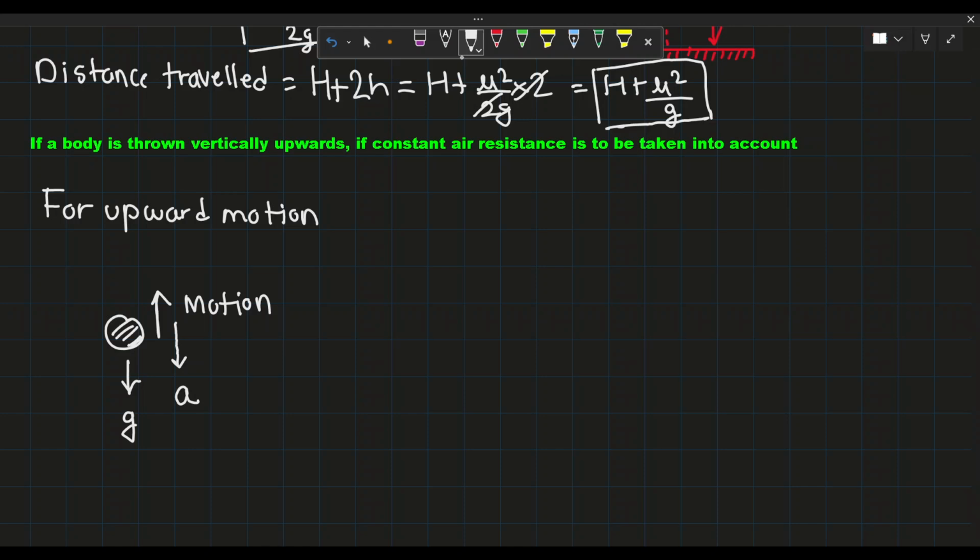So your net acceleration over here is g plus a downwards.